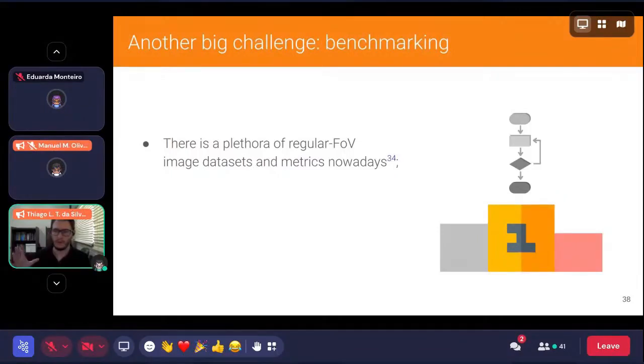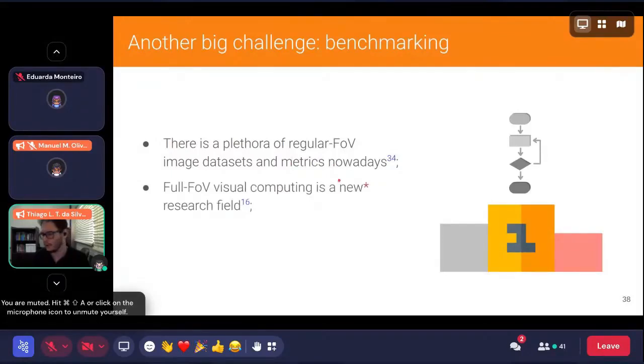We have additional data like depth, we have infrared, maps, we have lots of data when we are dealing with regular images. But this is not the case, unfortunately, for the spherical area.